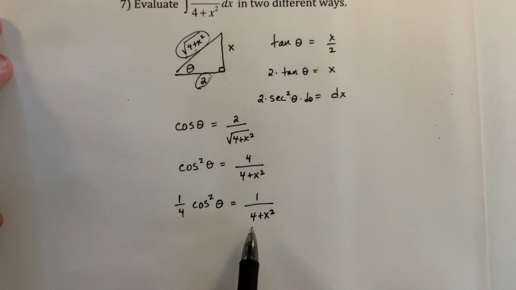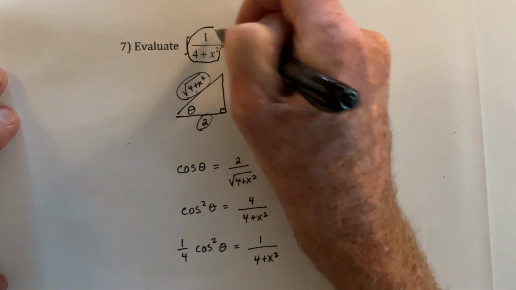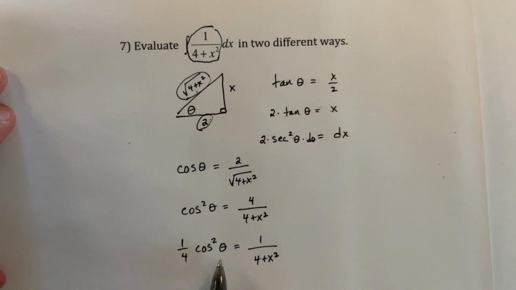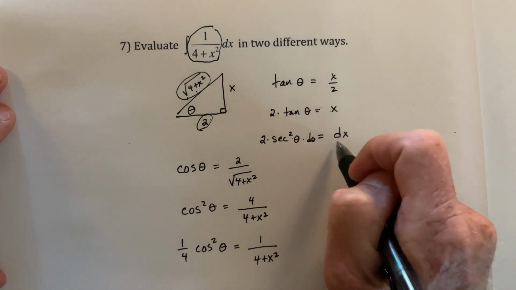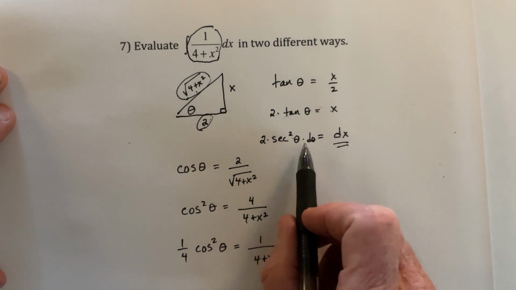Okay, so now we know what the fraction equals. So this part is going to get replaced with the 1/4 cosine squared theta. And then for the dx, we're going to replace it with 2 secant squared d theta.